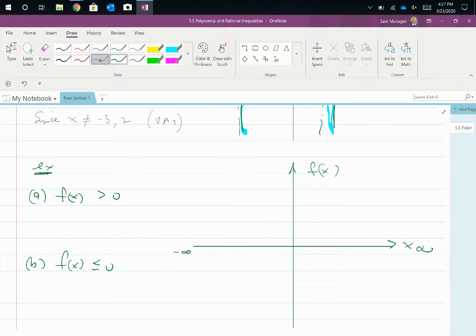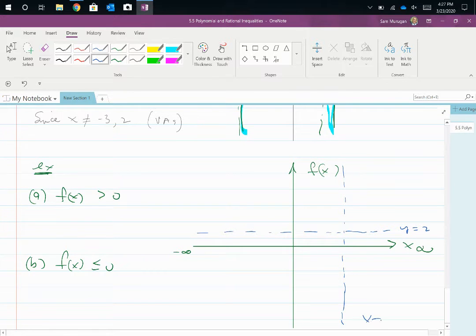Let's give this a horizontal asymptote, say y equals 2, and perhaps a vertical asymptote at x equals 3. And let's say that the graph intersects at negative 1. So we have a graph that looks like this, comes down like this, and then this goes that way.